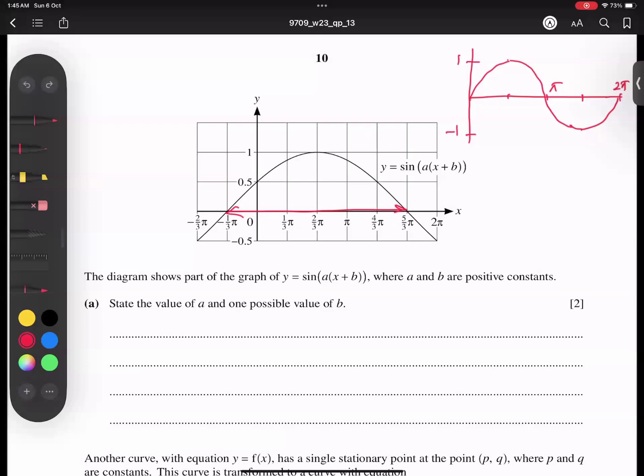So if I want to find this gap, how could you find it? This gap is 5 pi by 3, and this is a negative pi by 3. Take the LCM. I got a 4. So wait a minute, let me check once again.